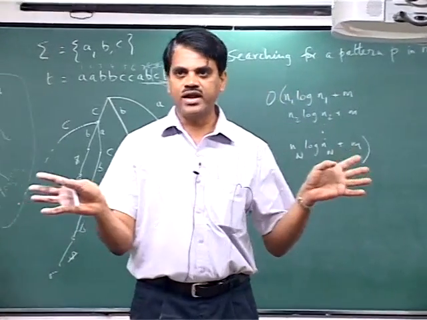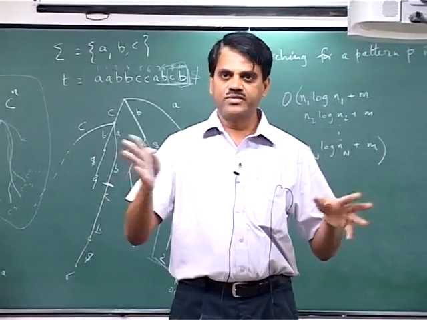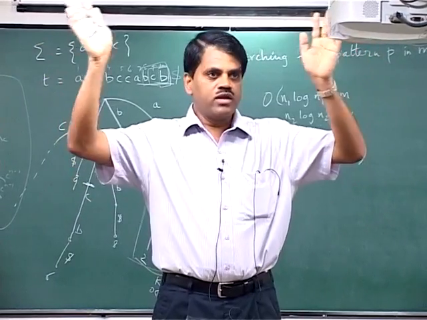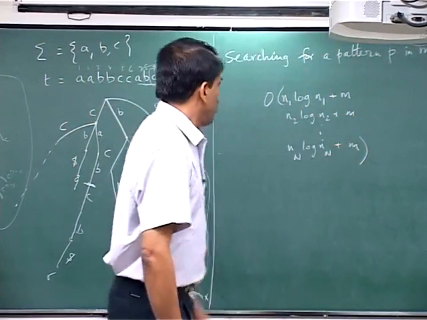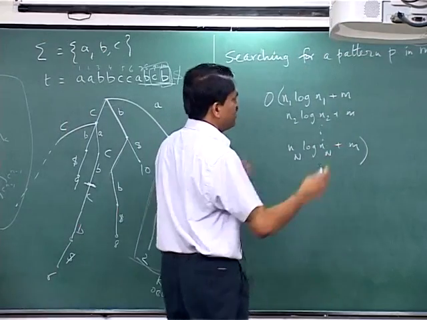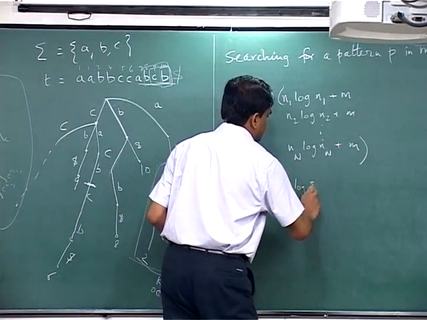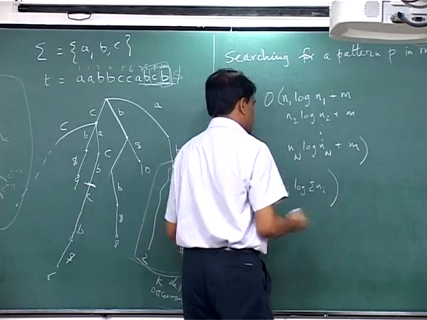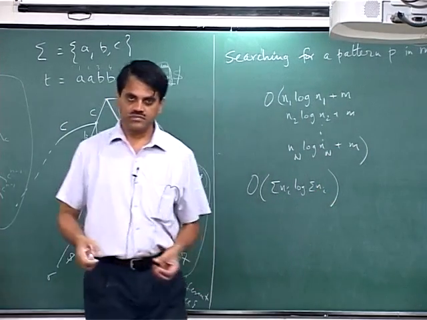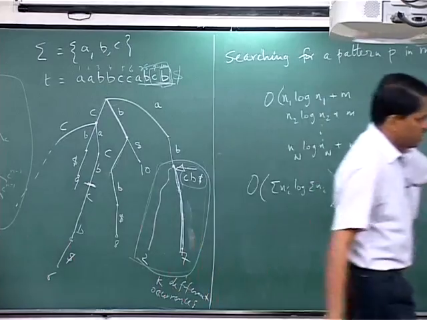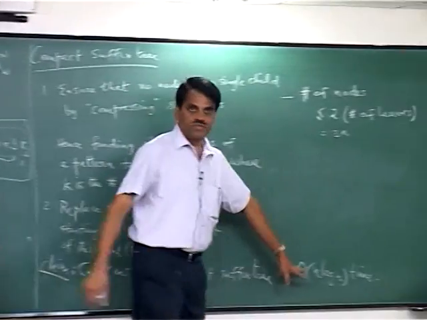So this is it. You basically concatenate all this with some delimiters, construct this one big suffix tree. So your overall running time will be order summation ni log summation ni, because that is the length of the total text. And I said you can construct this suffix tree in order n log n time.